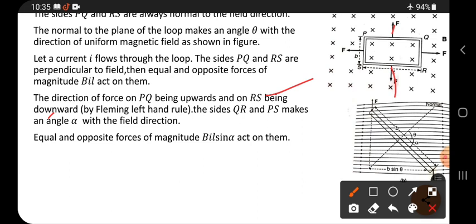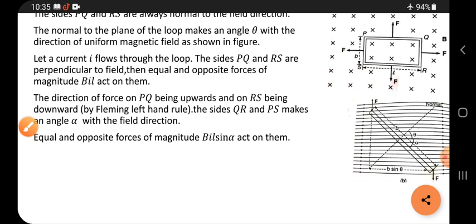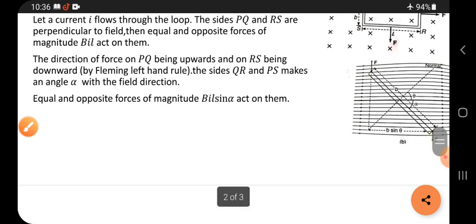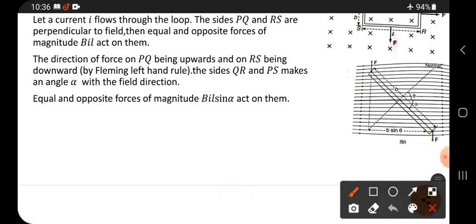The sides QR and PS make an angle alpha. See, the sides QR and PS, so this side and this side make how much angle? Alpha with the field direction. Theta is also with the field direction but with respect to the normal. Theta is between the normal and the field direction, and alpha is between the field direction and the b side.